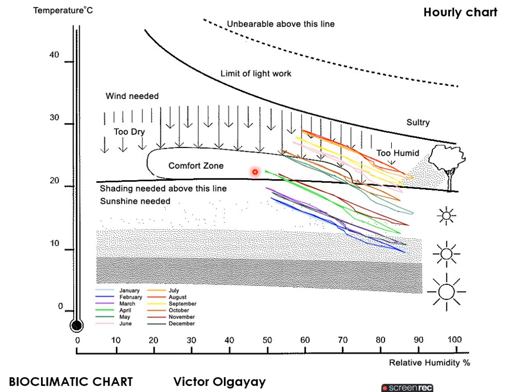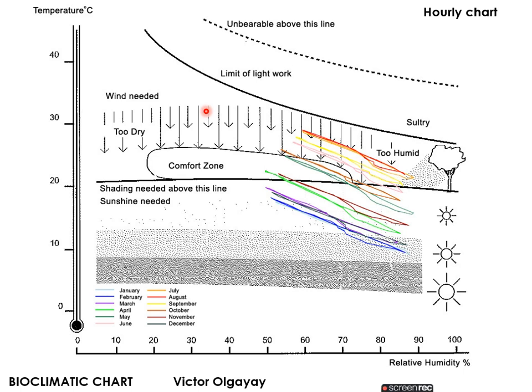Maybe at 3 o'clock in the afternoon the temperature has risen to 32 degrees Celsius, and the relative humidity is much lower, almost 40%, so your point will fall here.